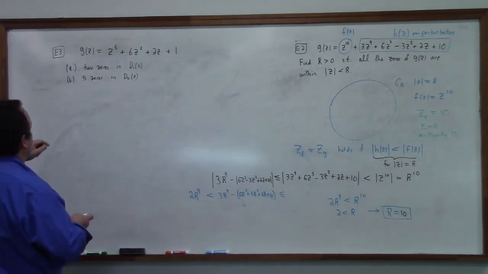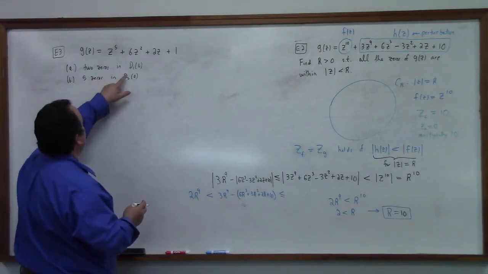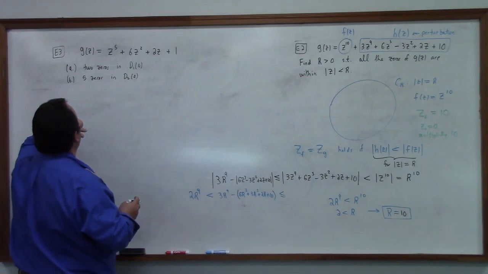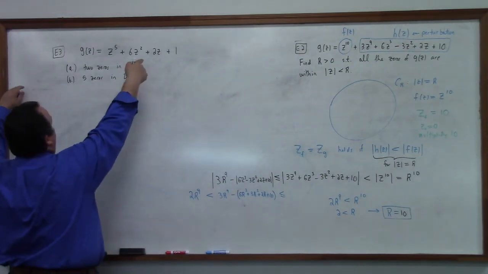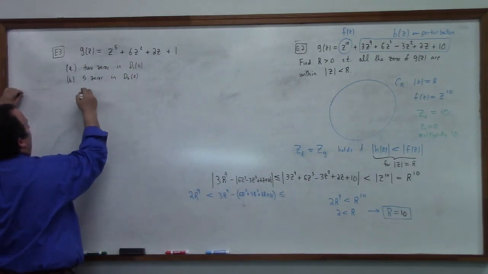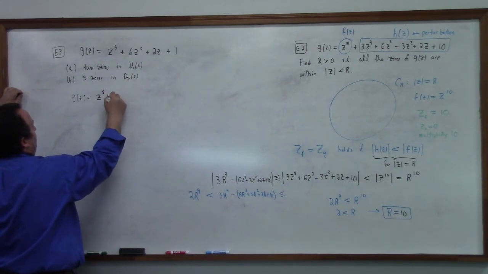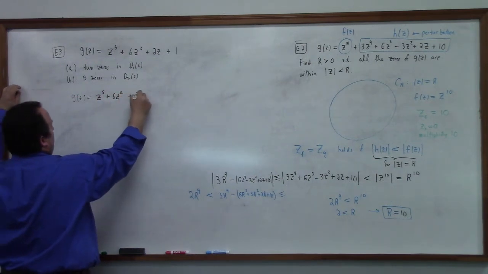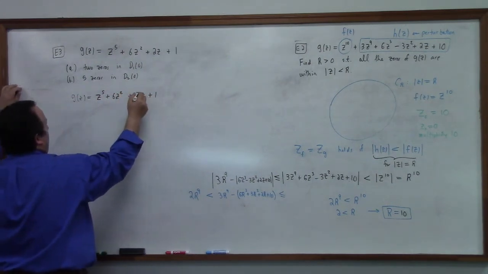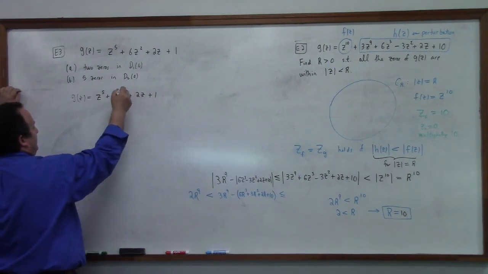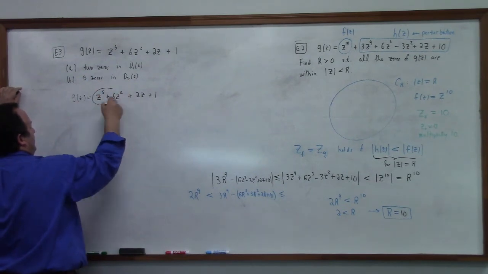Okay, so if we're within D1 of 0, so 2 zeros within D1 of 0, I think we should look at g of z equals z to the 5th plus 6z squared plus 2z plus 1. Maybe this is the f of z.